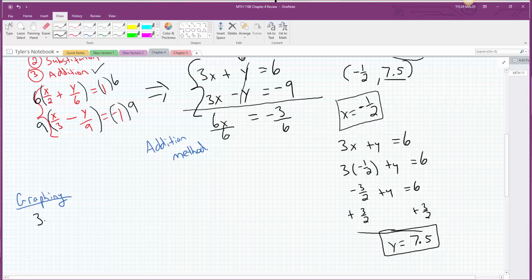My system is 3x plus y equals 6, and 3x minus y equals negative 9.